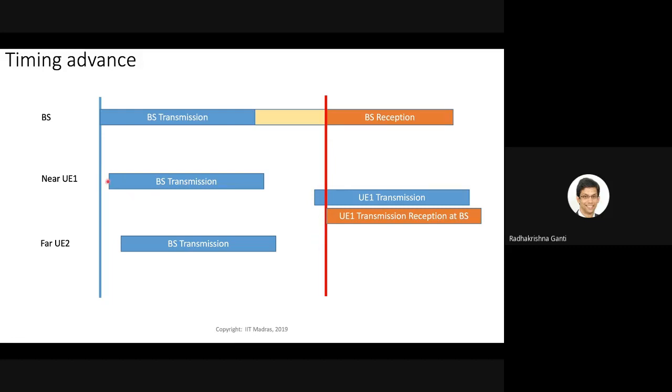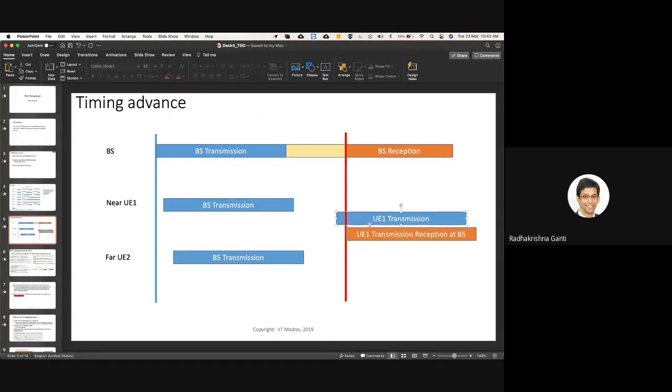If it's able to find out this gap, then it will start a little bit ahead. The UE will start transmitting a little bit ahead, so that by the time this first symbol reaches the base station, it will align with the base station reception.